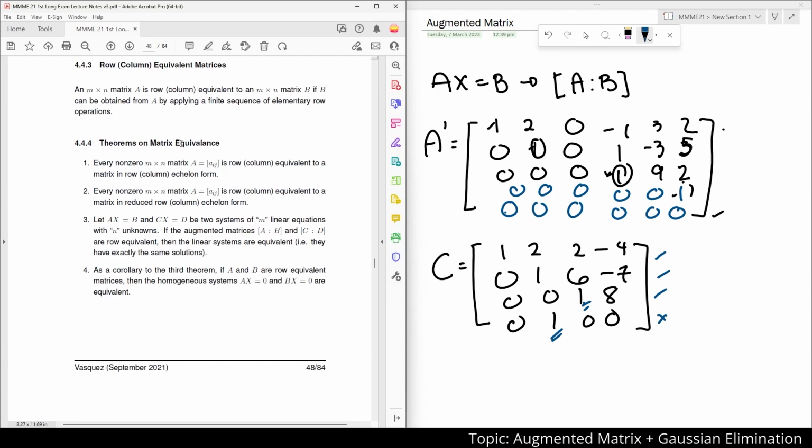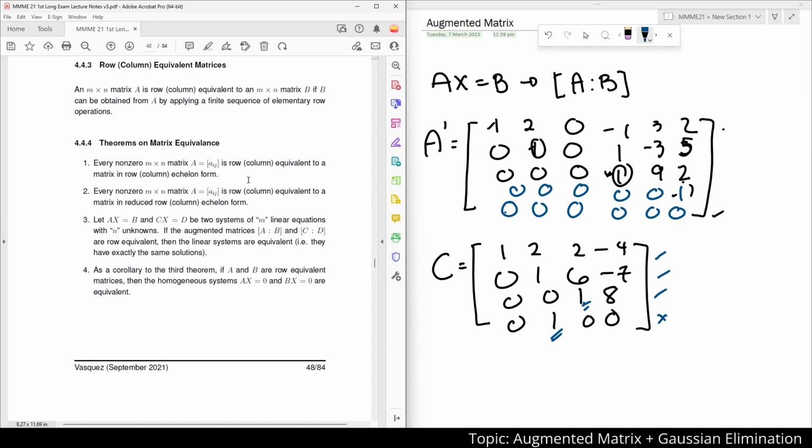So there are theorems on matrix equivalence. Every non-zero M by N matrix A is equal to Aij is row equivalent to a matrix in a row echelon form. Okay? So sinasabi niyan, lahat daw ng non-zero matrix na A, meron siyang row echelon form.